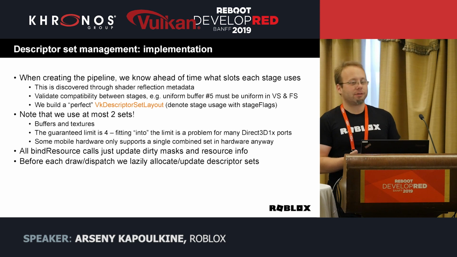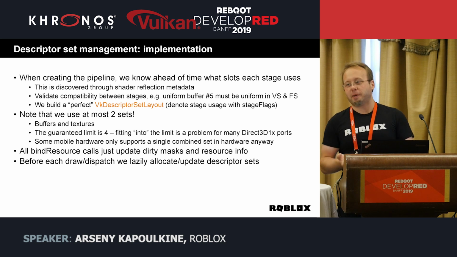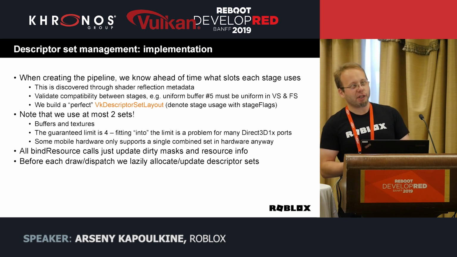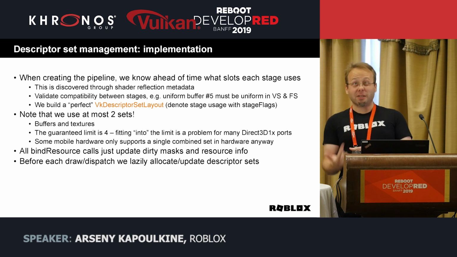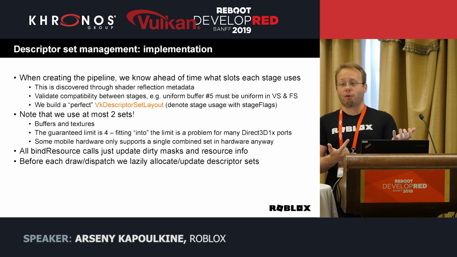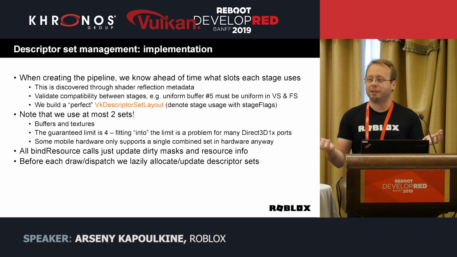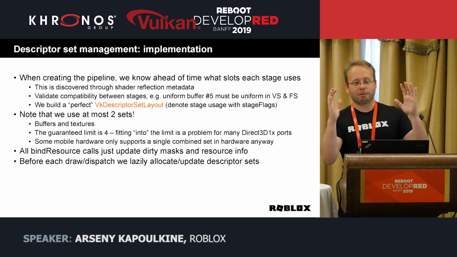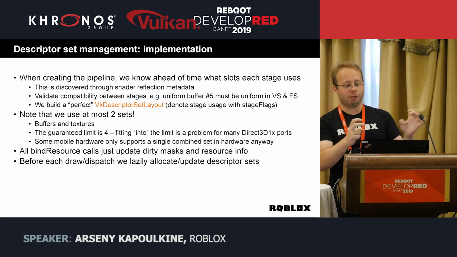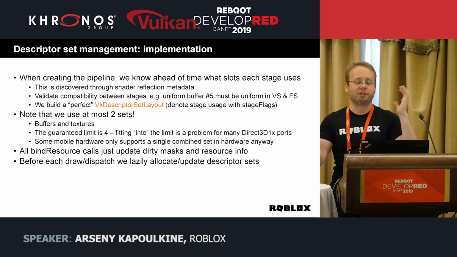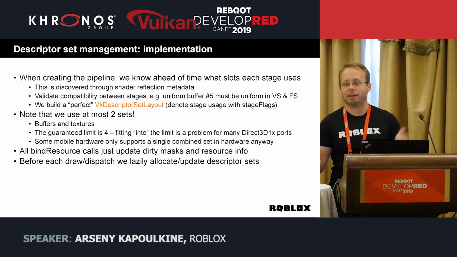I have vertex stage, fragment stage, and then geometry shader, tessellation, et cetera, so probably 5 rasterization stages. Each one of them needs a namespace for buffers, a namespace for textures, maybe a namespace for constant buffers because constant buffers are separate from non-constant buffers in D3D binding space. Now I'll map each namespace into a descriptor set, and I need something like 12 in the worst case for my pipeline, but Vulkan's limitation is 4.